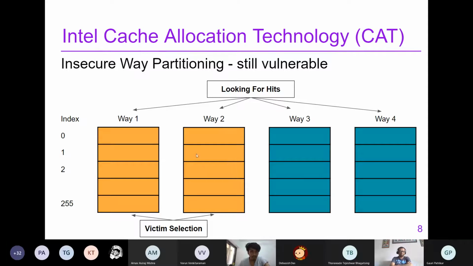But when this thread wants to access some address, then it looks for hits in all of the ways. So if it is looking for hits in all of the ways, then it is still vulnerable to flush and reload type of attacks, right?